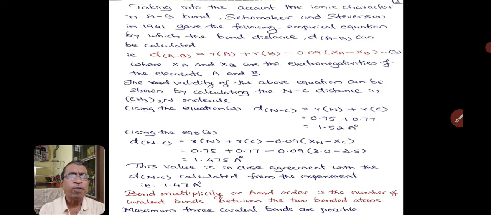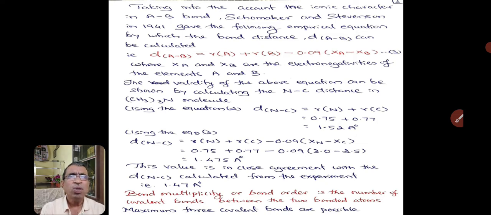The validity of the above equation can be shown by calculating the N-C distance in trimethylamine. Using the equation, D_NC is equal to the radius of nitrogen, that is 0.75, plus the radius of carbon, 0.77, that is equal to 1.52 angstrom.